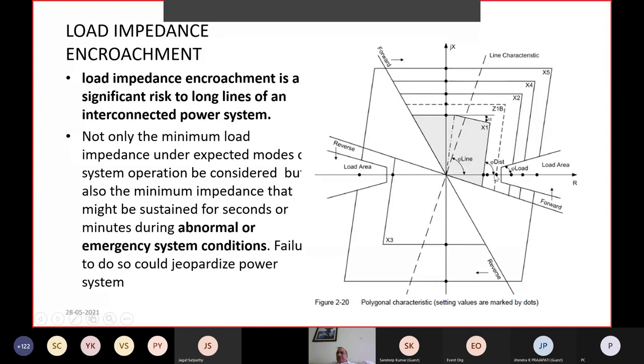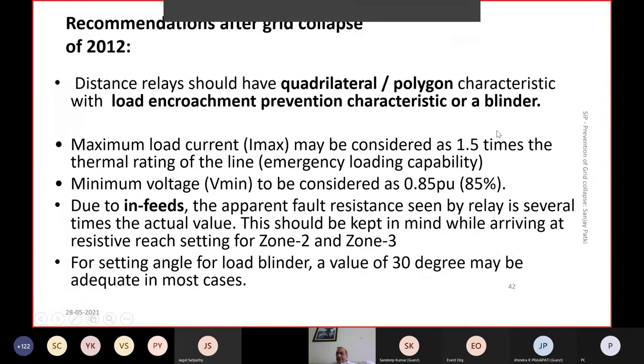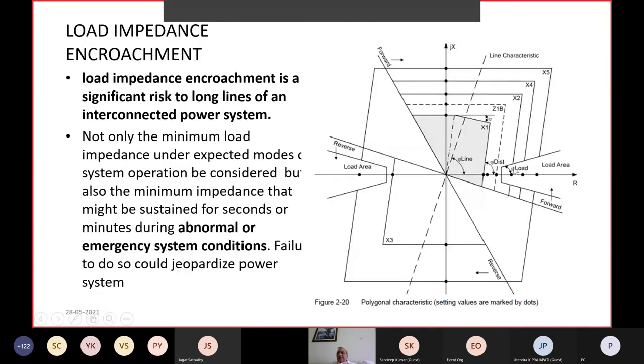Now this is very close to the R axis. That's why it is chosen carefully. This angle is chosen carefully so that in a real fault condition, relay operation will not be blocked. It's only for the load condition, overload condition. How is the fault distinguished from the overload?